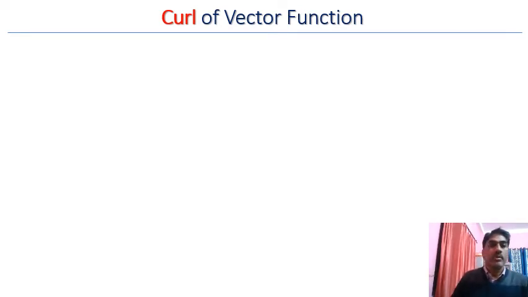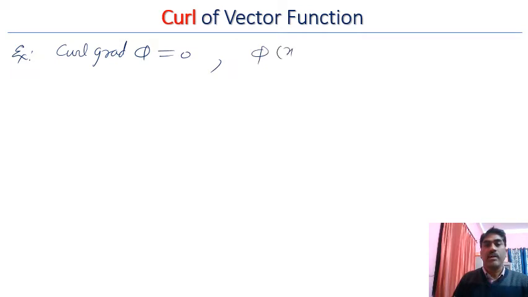And now we will show curl grad phi is equal to 0. So curl grad phi is always 0, where phi(x, y, z) is a scalar function. Whenever we take the scalar function and its gradient, the curl of the gradient is always 0.